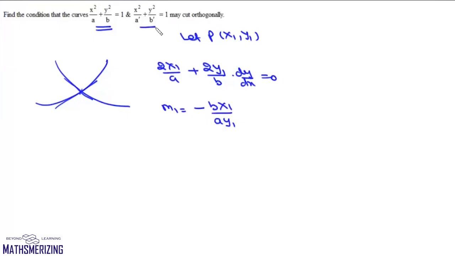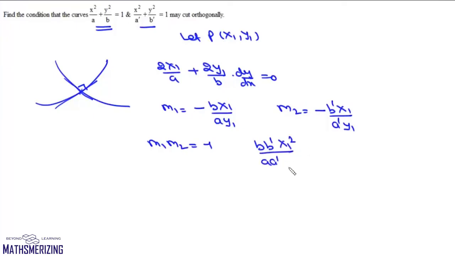And if we differentiate the second curve, we can write m2 as minus b dash x1 upon a dash y1. Now since these two curves are orthogonal, the product of slopes is minus 1. So we can write m1 into m2 is minus 1, that is b b dash x1 square upon a a dash y1 square, and this value is equal to minus 1, and that's our first equation.